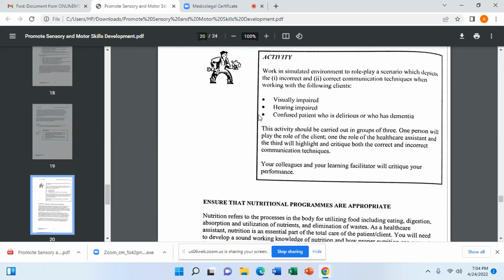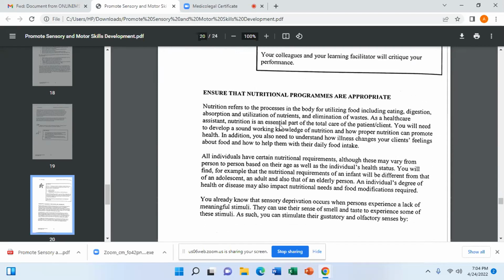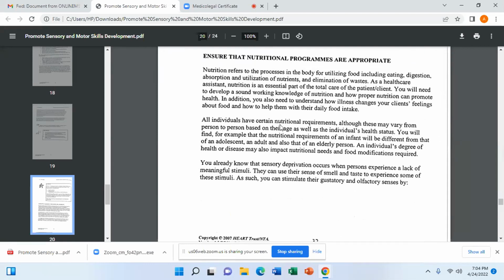We did number 3 already, right? Remember we went through that. So we'll go through a video with visually impaired and hearing impaired. And this activity should be carried out in groups of 3, and your colleagues and learning facilitator will critique their performance. All right, it says here now, the next section.